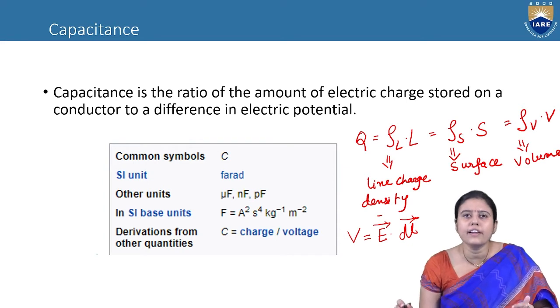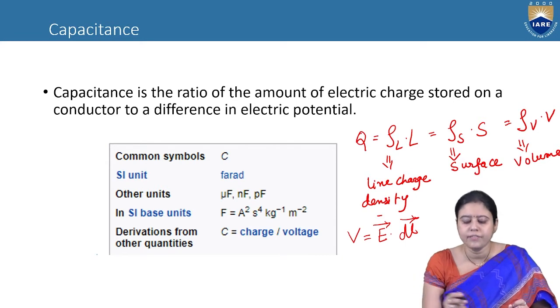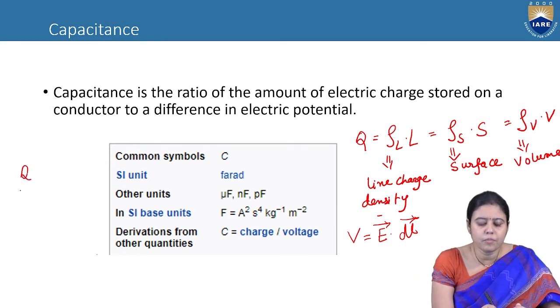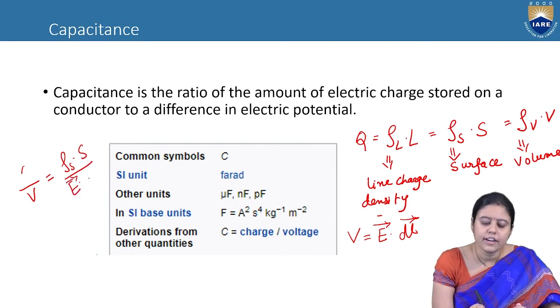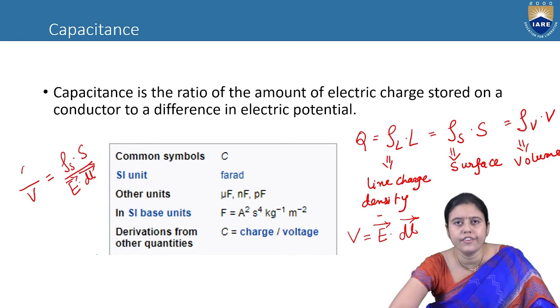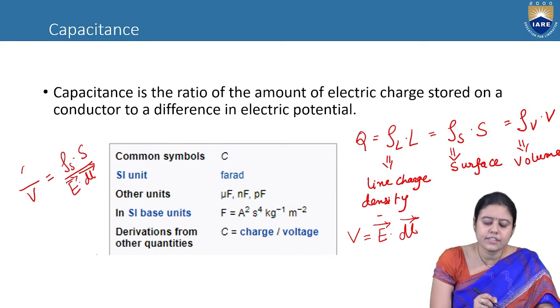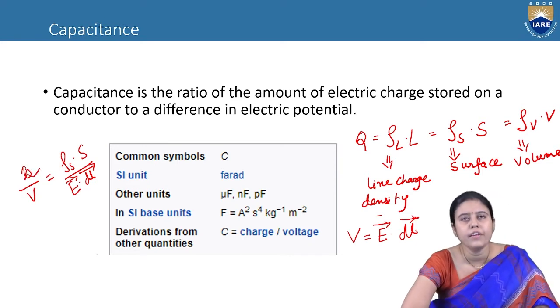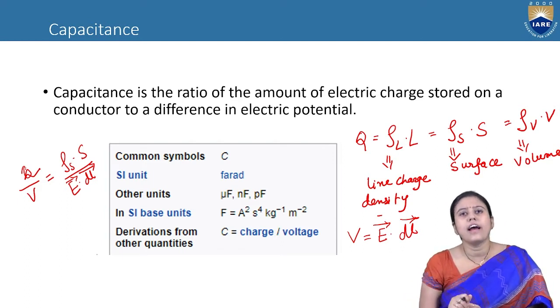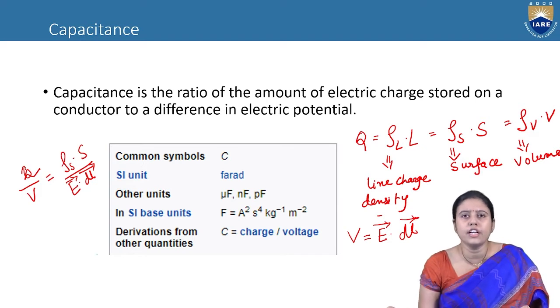So from there we can write C equals Q by V, which can be written as rho S into S divided by the integral of E dot dl. This is another important definition of the capacitance. So we are getting the same definition from different terms.